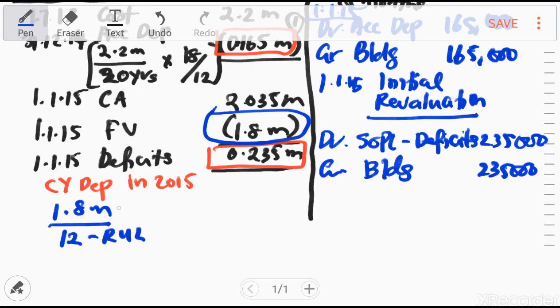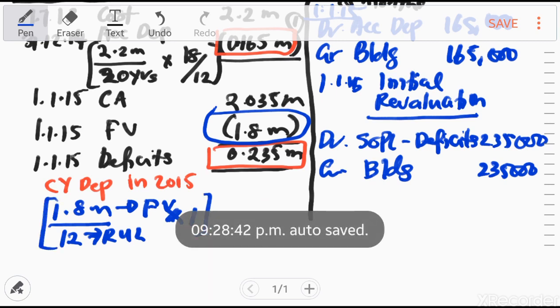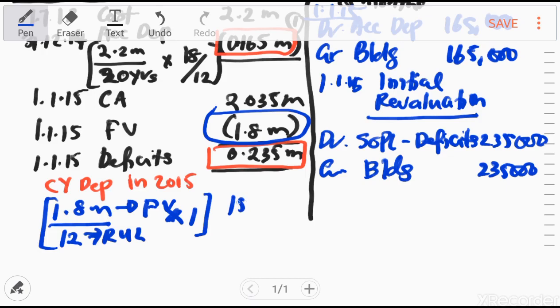The 1.8 million is your fair value. So take the fair value divided by RUL, and then you provide depreciation for the whole year. Why the whole year? 1st of January 15 up till 31st of December 15. So that one will give you 150,000 or 0.15 million.